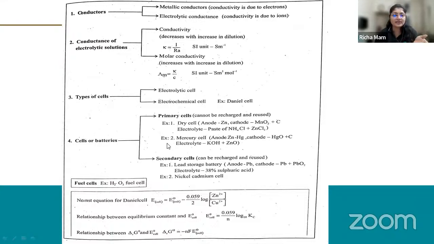Electric energy is converted into chemical energy. In the electrochemical cell, chemical energy is converted into electrical energy. In the electrolytic cell, electrical energy is converted into chemical energy.